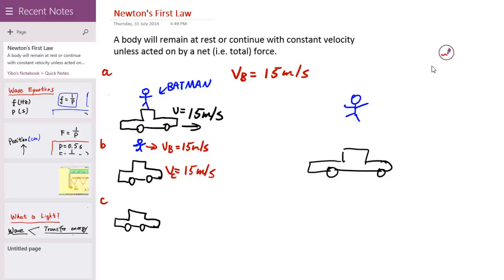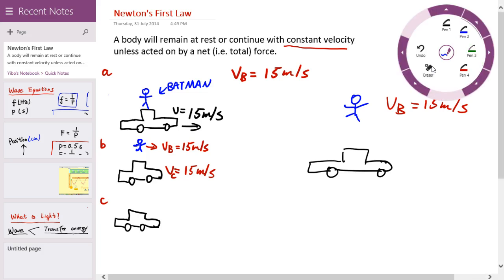Thus, Newton's first law tells us horizontally there will be no acceleration, meaning no change to his velocity. So Batman will still be traveling at 15 meters per second because there's no horizontal force put on him.